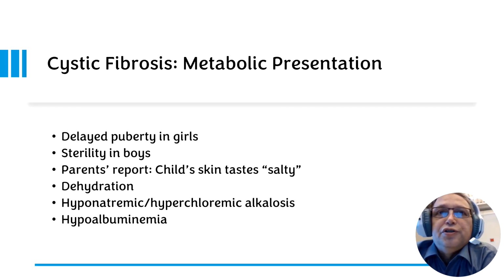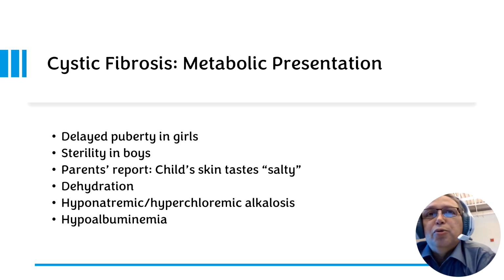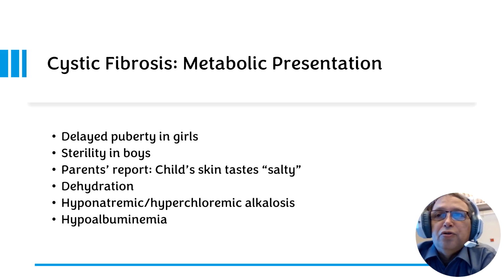As a result of all these complications, you're going to have delayed puberty in girls. Boys are going to be sterile because of increased thermals related to the gonads, as well as poor circulation in the reproductive tract.